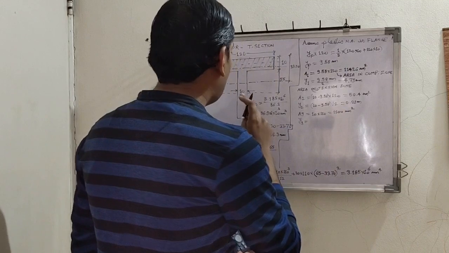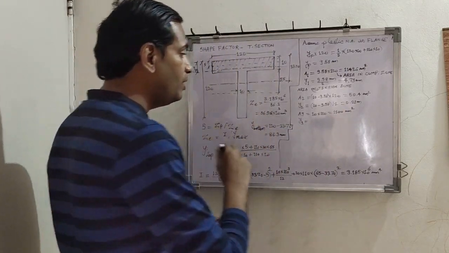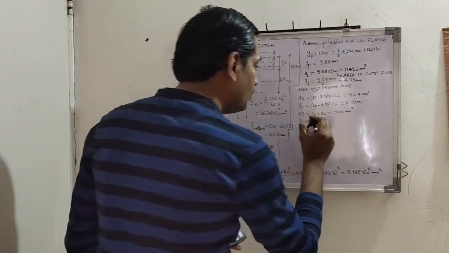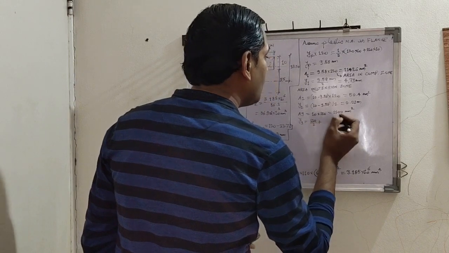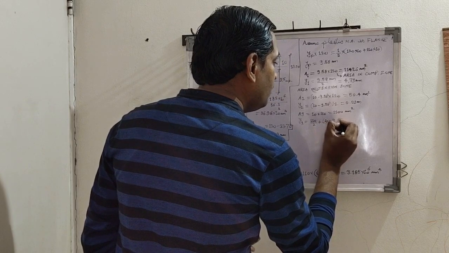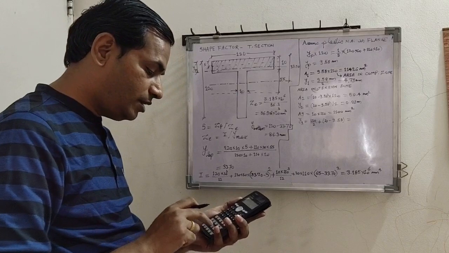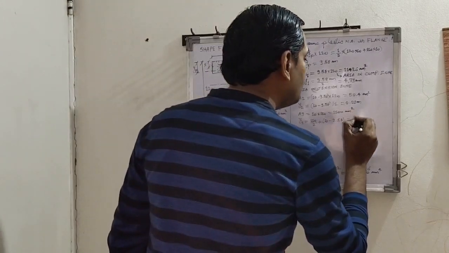The centroidal distance of this area from the plastic neutral axis. This total is 110, so 110 by 2 plus 10 minus 9.58. So 55 plus 10 minus 9.58, which is 55.42.